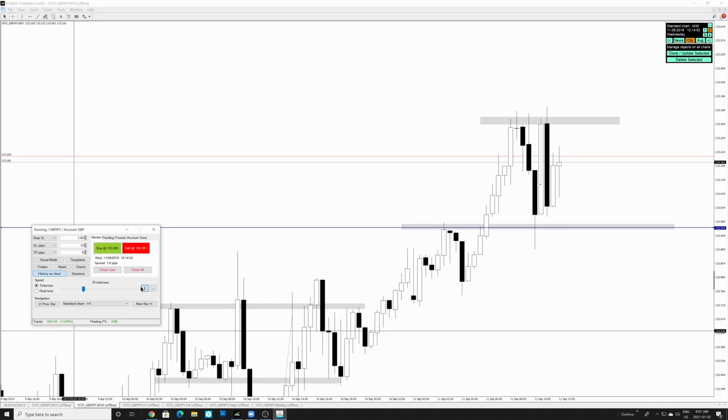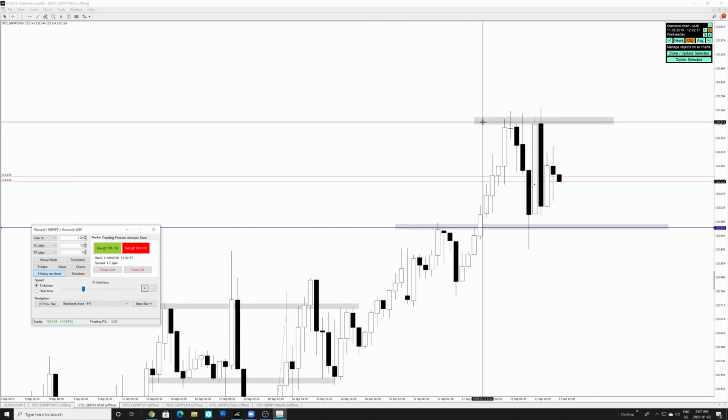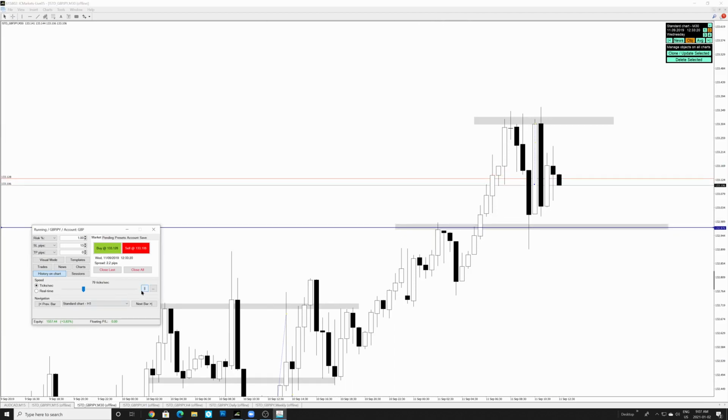Probably that volume is going to come in with pre-New York, or it's going to come with New York Open. We don't know. All we do know is that there is a time of volume coming in. So that's what we got to wait for. And when there's going to be volume in the market, then we may break above this resistance or we may break below the support. So that's where our trade is gonna be.